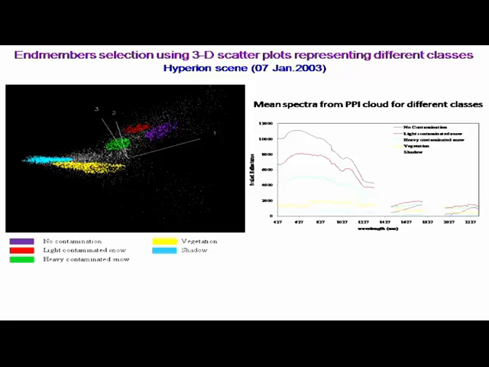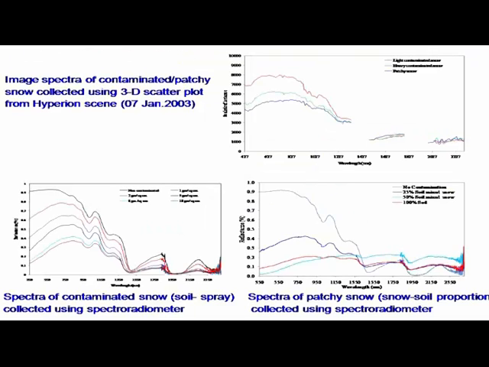This is the selection of 3D end members using a 3D scatter plot for the different classes, how it was collected. And here this is the image spectra of contaminated and patchy snow. This is for the light contaminated snow, this is for the heavy contaminated, and this is for the patchy contaminated.